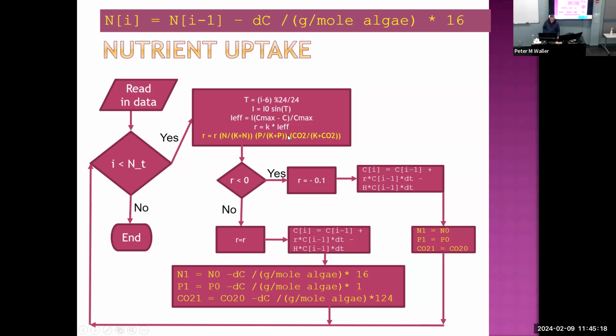And then you're going to take out nutrients also below, and you have an if-then statement where you have one case for day, which is up here, and then one case for night, which is here. So I'll let you start to work on that. The grams per mole of algae is 3550.